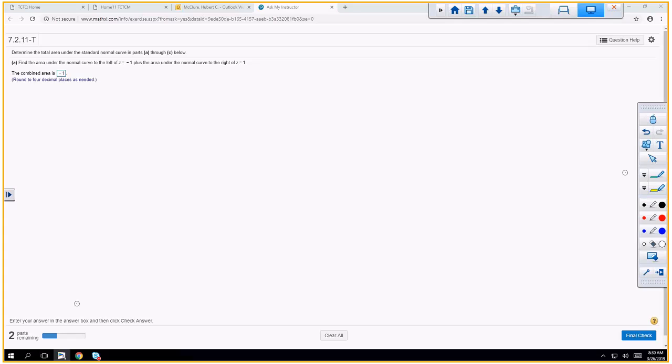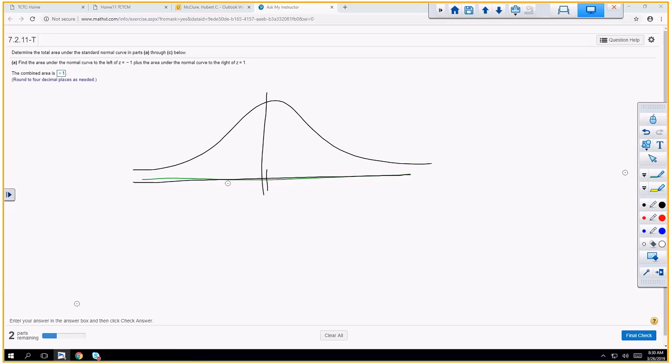1. So the first thing you're going to do is do your empirical rule just to see. Zero, 1, -1, -2, 2, to the left of 1 and to the right of 1.